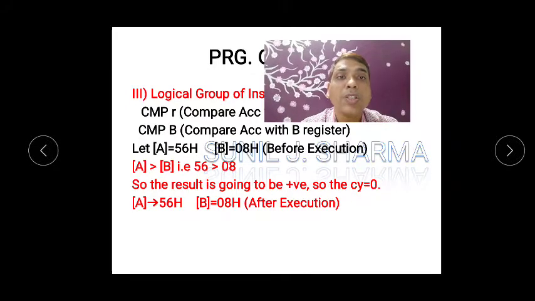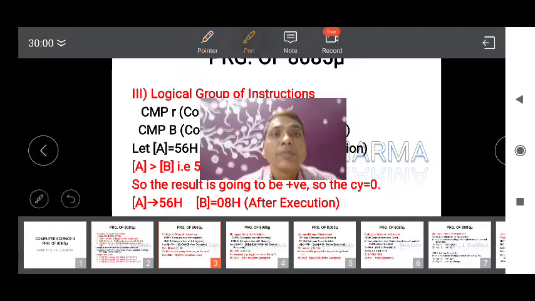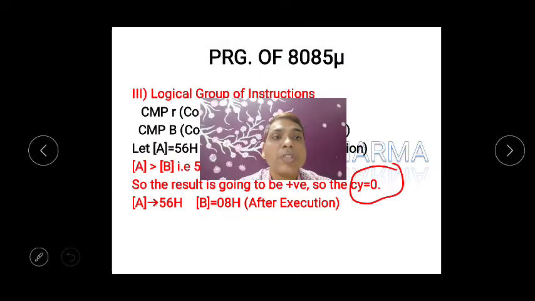No other changes, only the carry flag changes. Remember that we will not change anything else, only flags will change, especially the carry flag. I hope you got it.